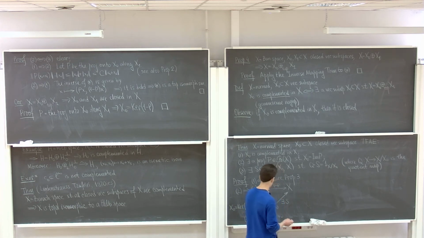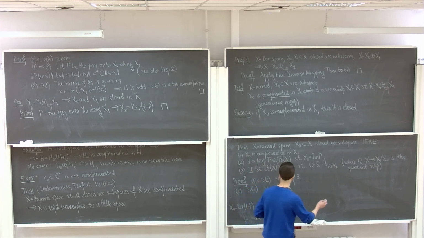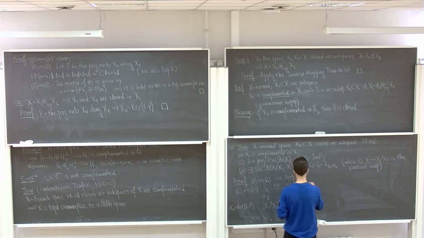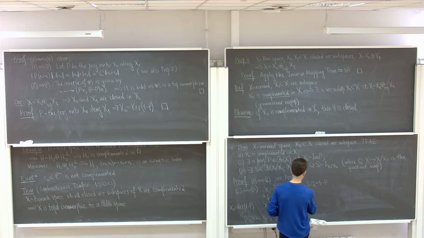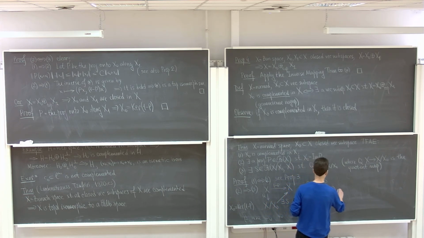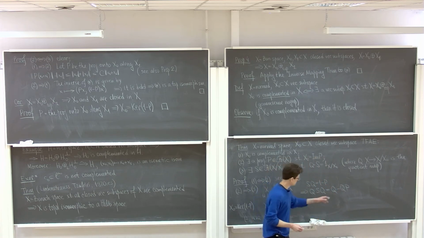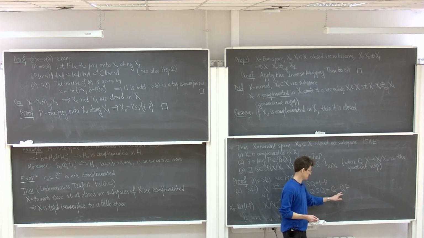Well, indeed, the diagram is commutative. This means that SQ equals 1 minus P. Now we apply Q once again on the left. So we see that QSQ equals Q minus QP. But QP is 0 because P is the projection onto X0, and X0 is precisely the kernel of Q. So this is 0.